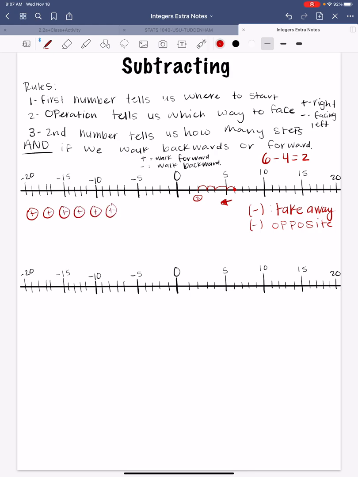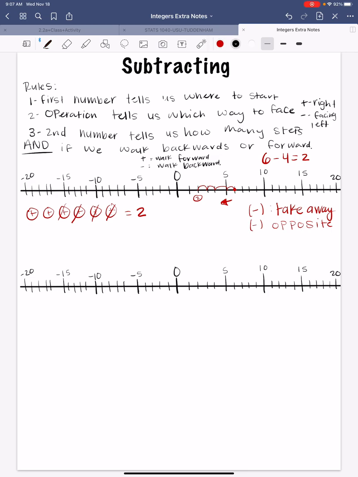There's our 6 positive chips, and it wants us to take away 4 positives. 1, 2, 3, 4. We are left with positive 2. When you think of this as opposite, really what you're doing is changing the subtraction to addition.